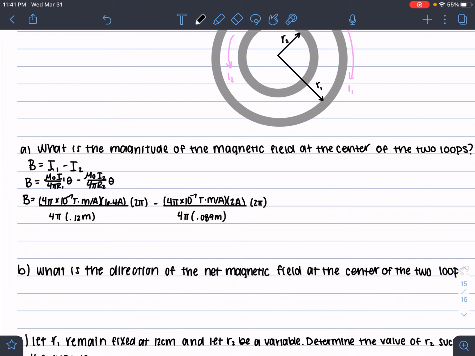And when you look at this, hold on. So the 2 pi, I don't know what I'm trying to say.